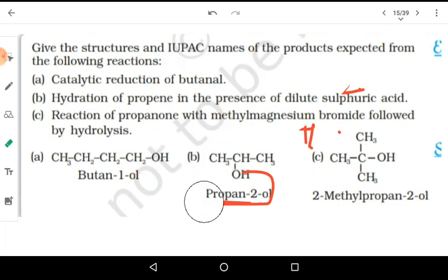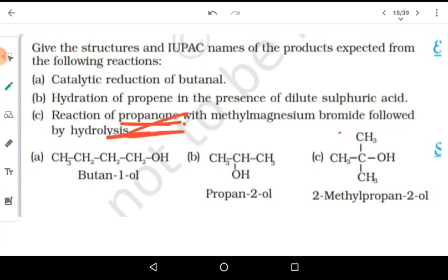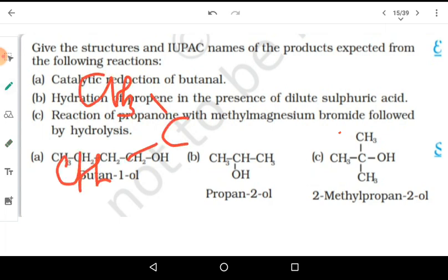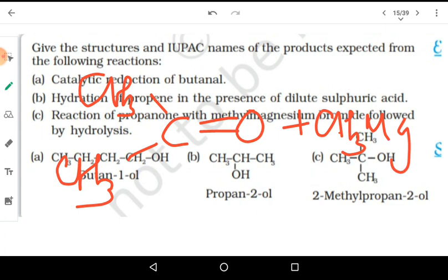Let us now discuss the next question. Reaction of propanone. Propanone means it is a ketone. This is treated with methyl magnesium bromide followed by hydrolysis. So propanone means we have CH3, CH3 double bond O, and we have CH3MgX.